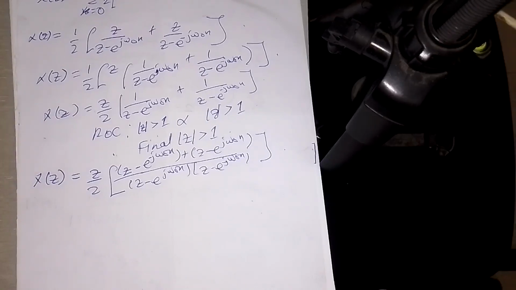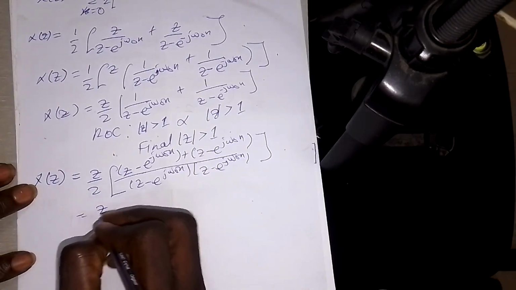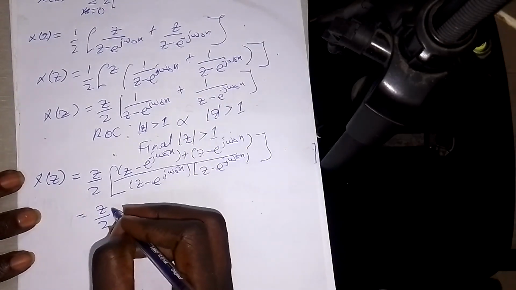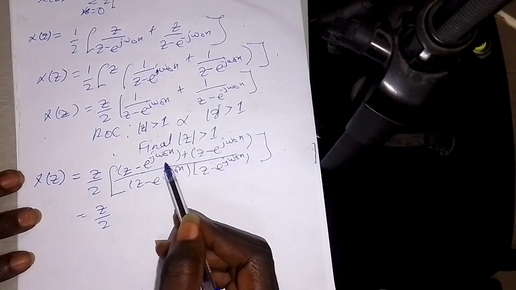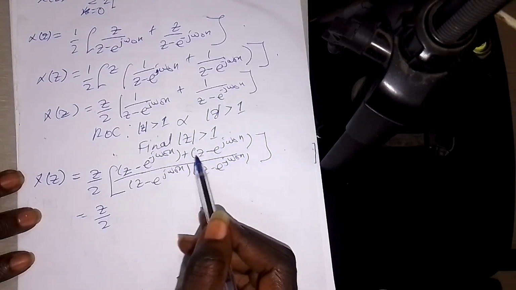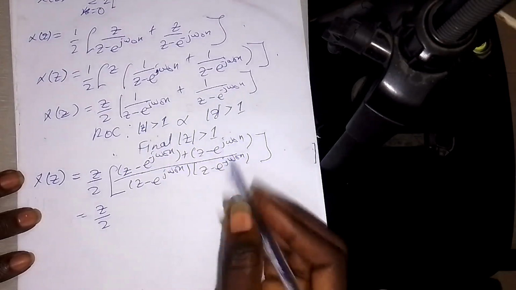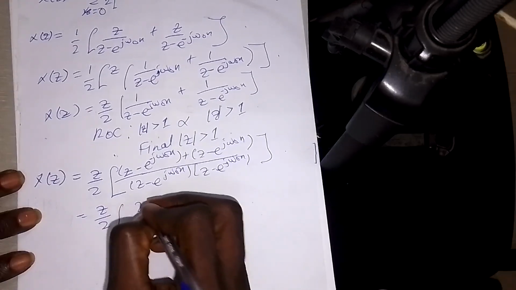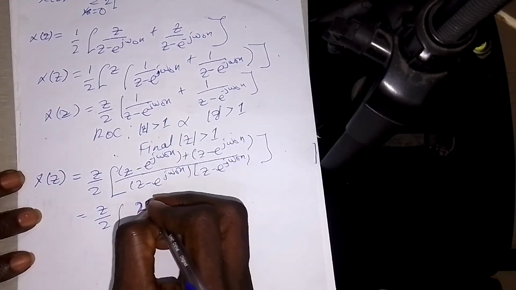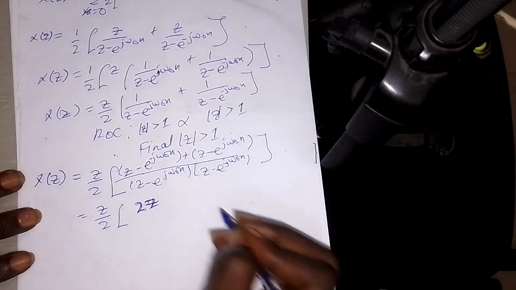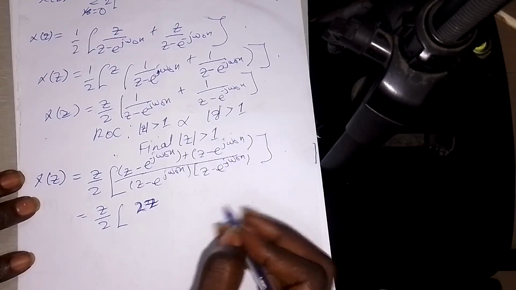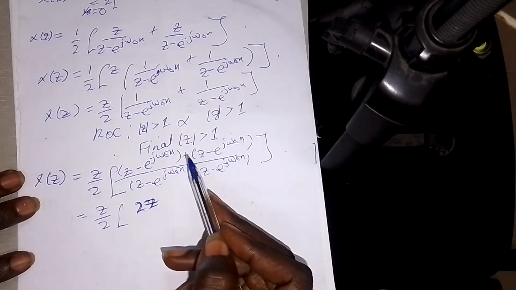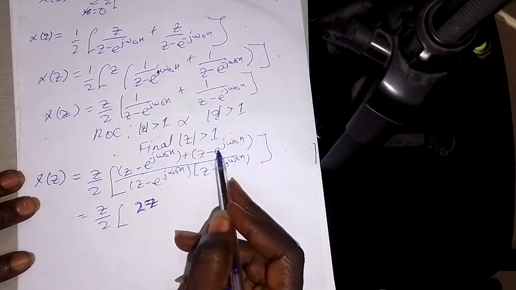Now if I multiply through, then I'm going to have z over 2 into 2z, and then this one and this one. So I'll have 2z into this plus this, and then this into this plus this.